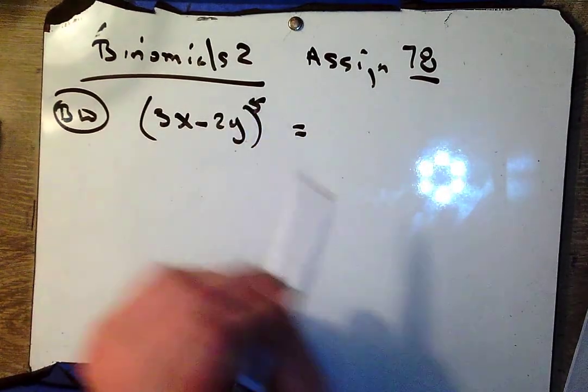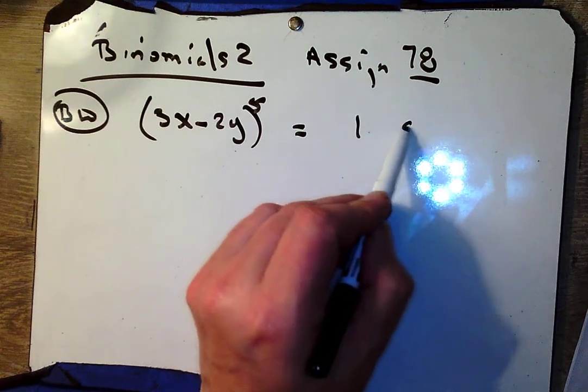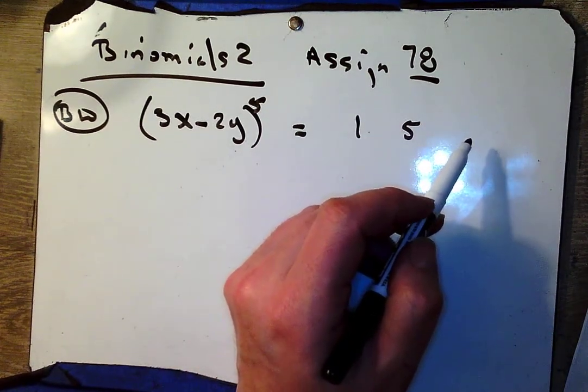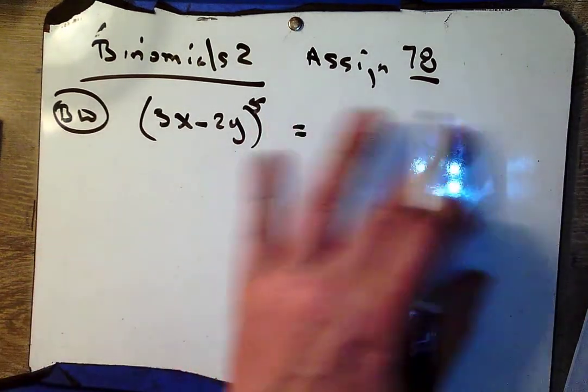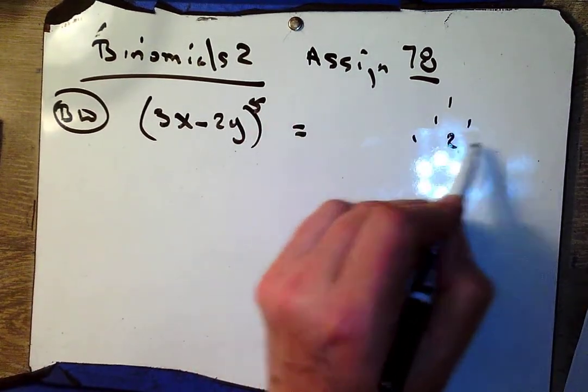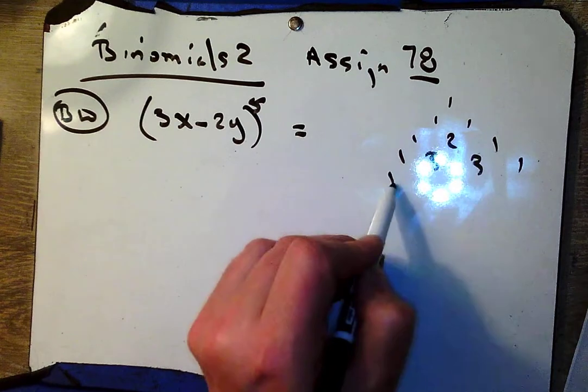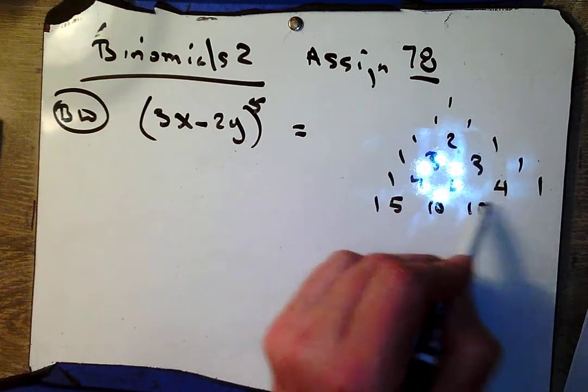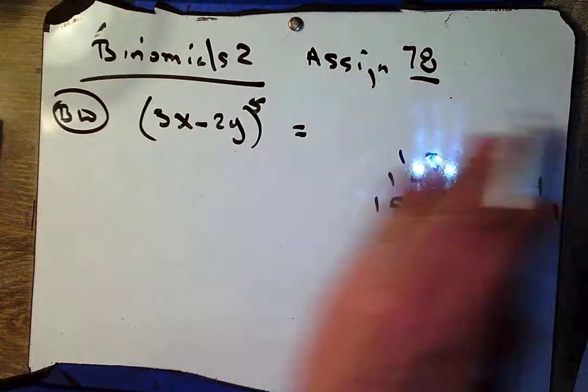Okay, fifth. So 1, 5. I know, you really need it now, don't you? I do. 1, 1, 2, 1, 1, 3, 3, 1, 1, 4, 6, 4, 1, 1, 5, 10, 10, 5, 1. Okay.